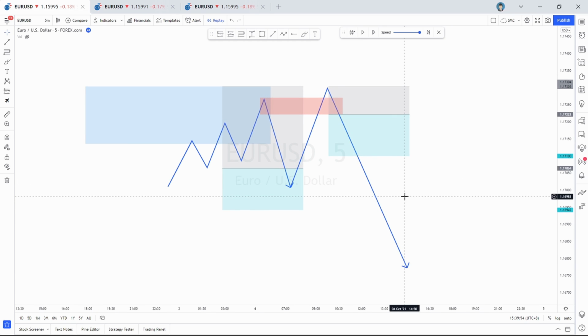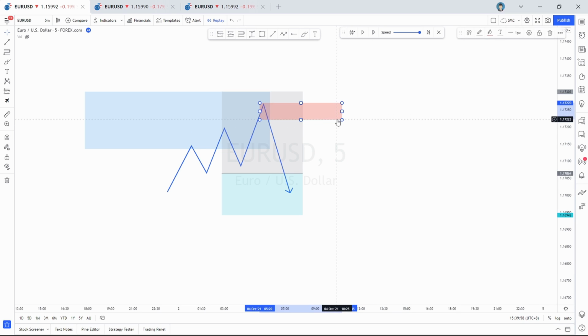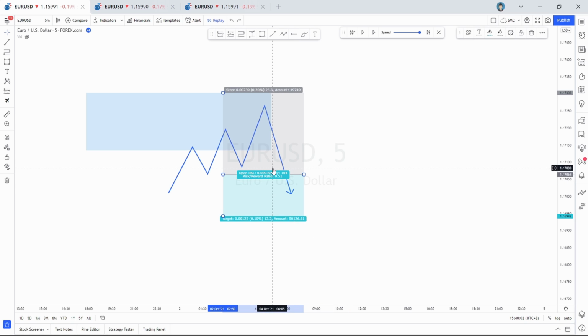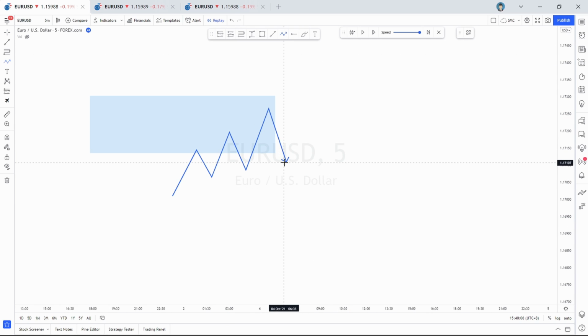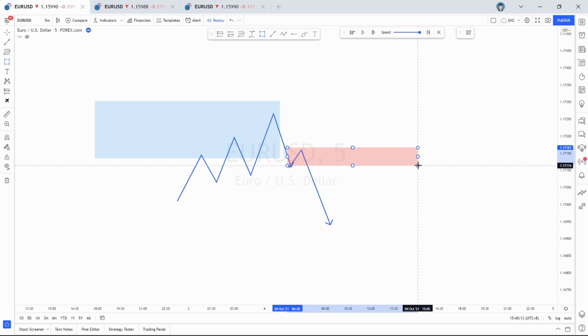And another way you can enter is by looking at two refined entries, because sometimes you've noticed that, let's say price was here before it broke structure, does a last up move before the down move, and continues lower, meaning there's an OB here and another OB here.